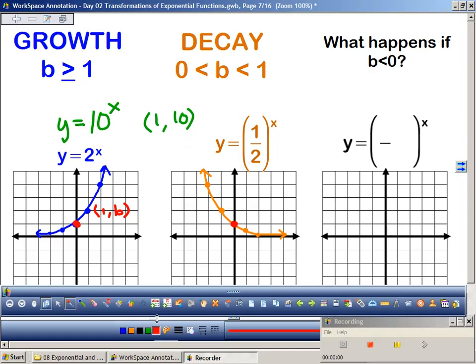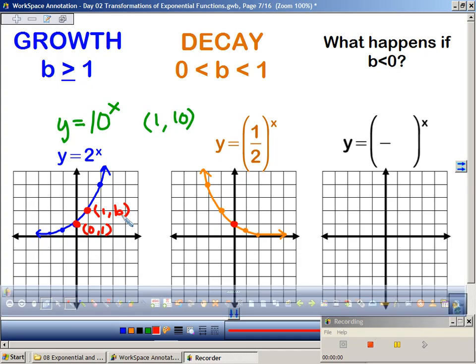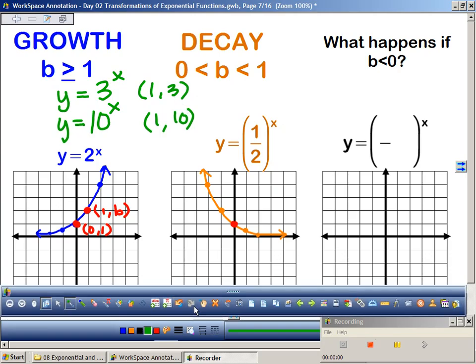So my first reference point was (0, 1), and my second reference point is (1, b). So what would my second reference point be if I had 3 to the x? (1, 3). Okay, so we're going to be using these kinds of things today to make transformations.